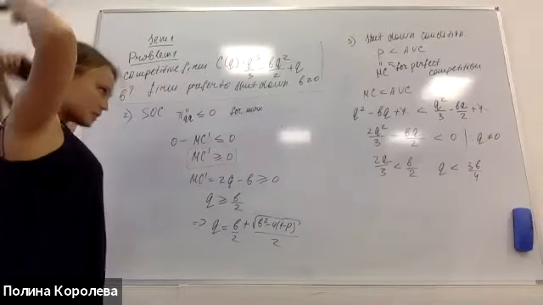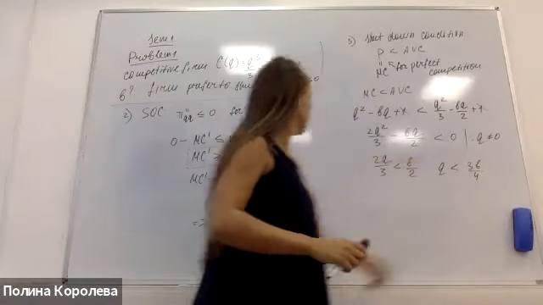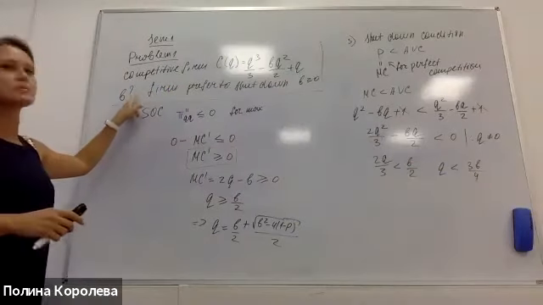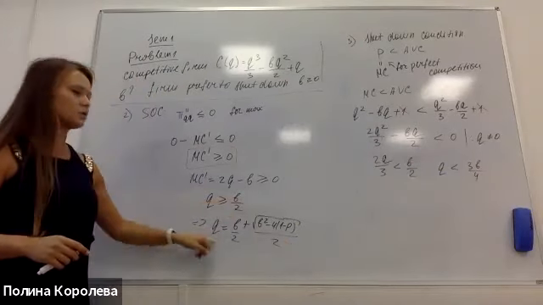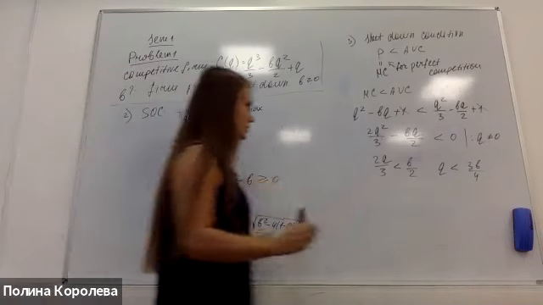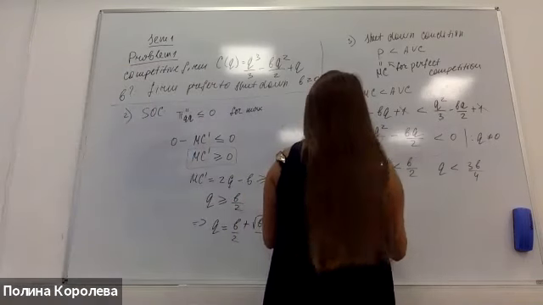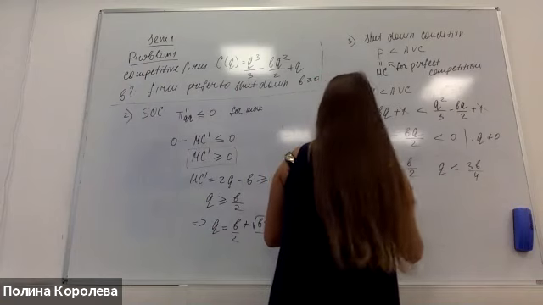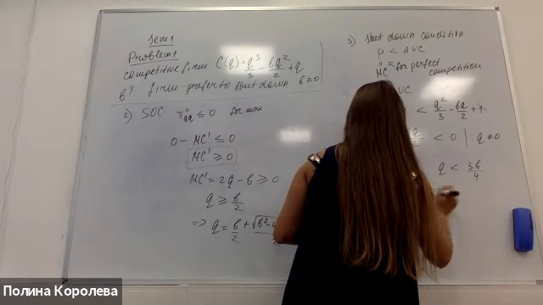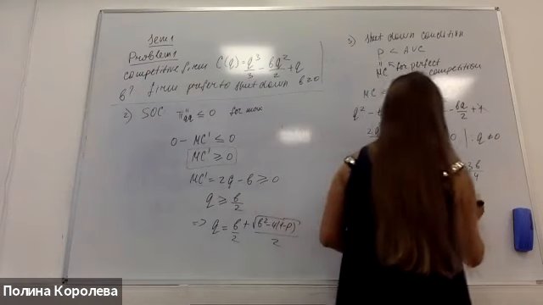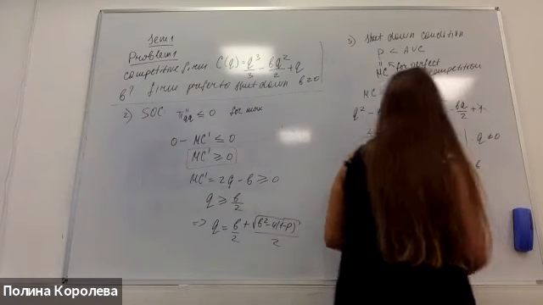Let's find the condition for b to answer the question. This is our optimal quantity. Let's check: b divided by 2 plus square root of b squared minus 4 times (1 minus b divided by 2) should be less than 3b divided by 4.